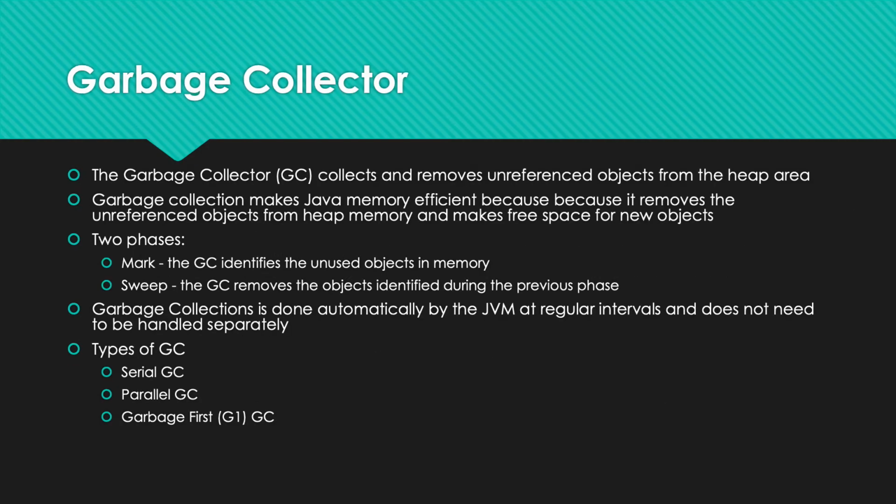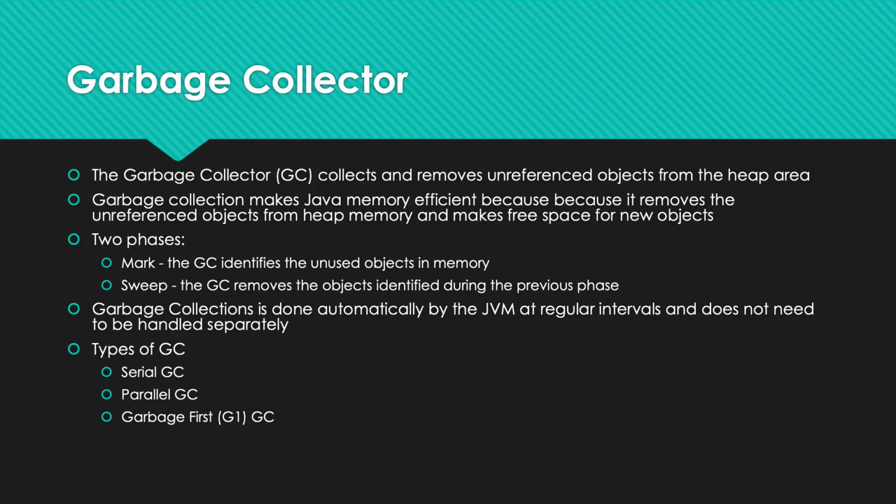So coming to the final component in the execution engine, garbage collector. Once you allocate memory to an object or some variables, memory is allocated to that object inside the JVM.